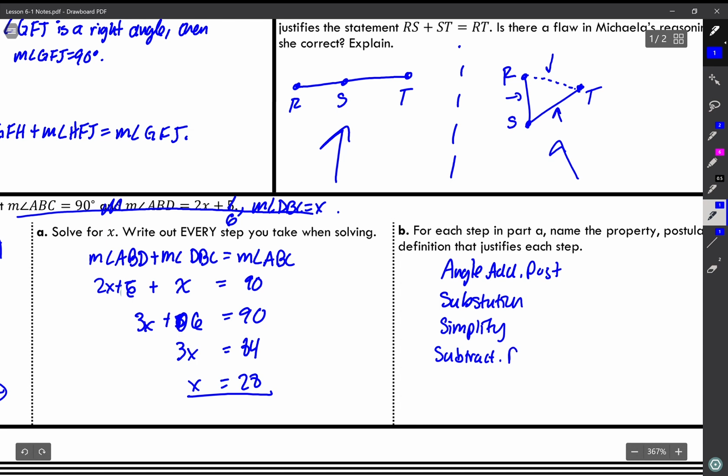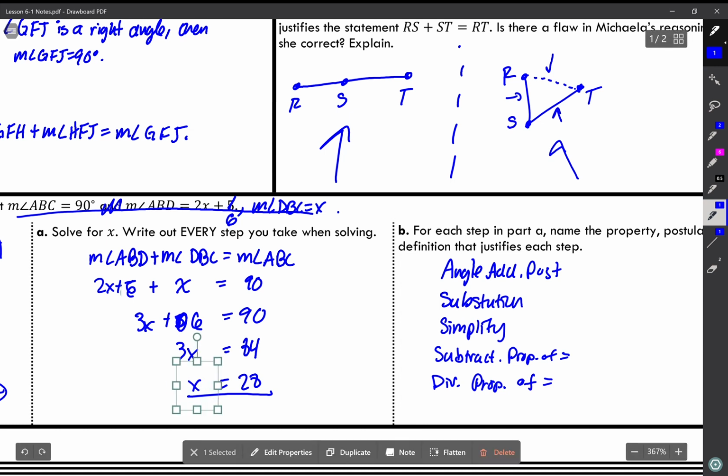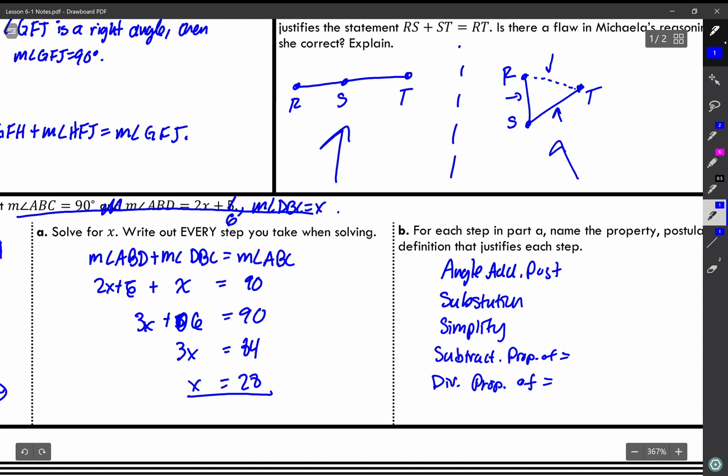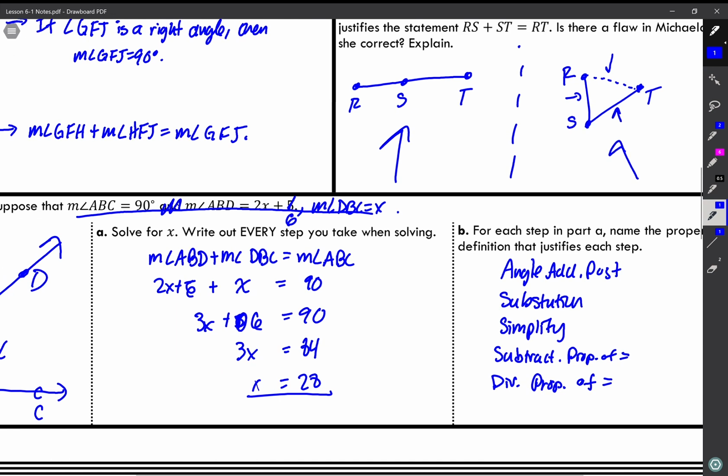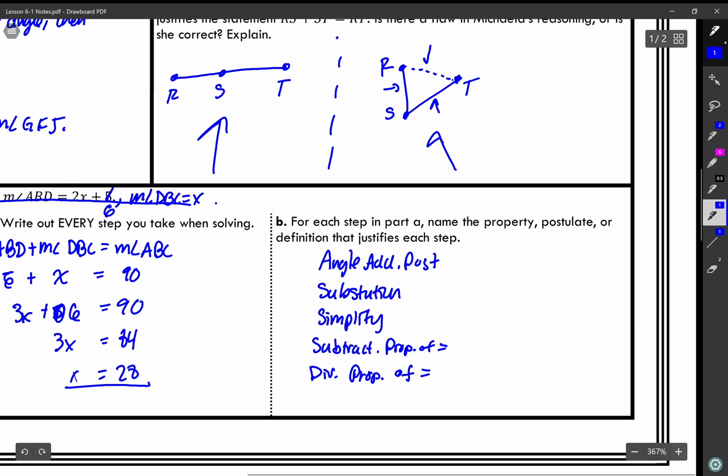This is the subtraction property of equality. And then we divided both sides by the same thing. This is the division property of equality. So what we basically did right here is we solved a geometric problem, and we justified each step using what we knew, and that's a geometric proof essentially.